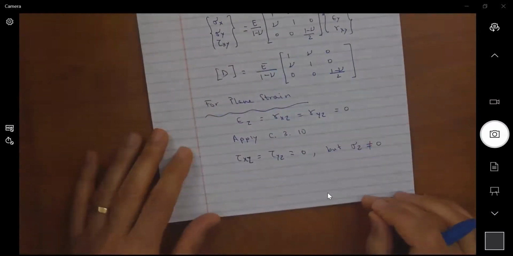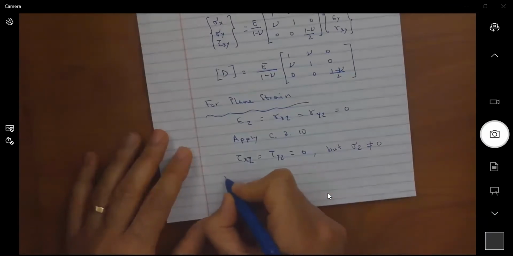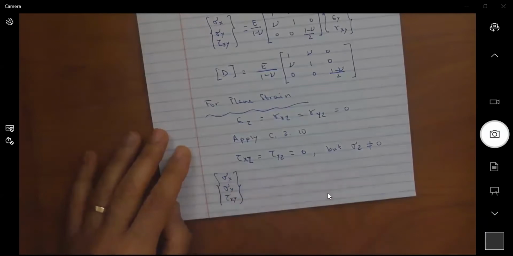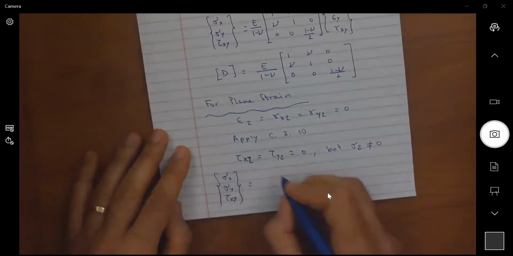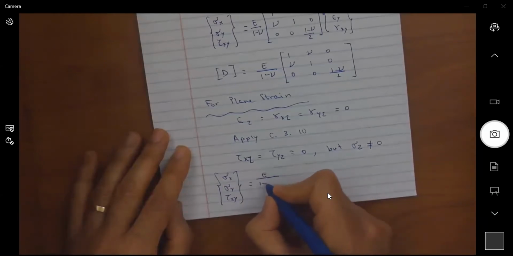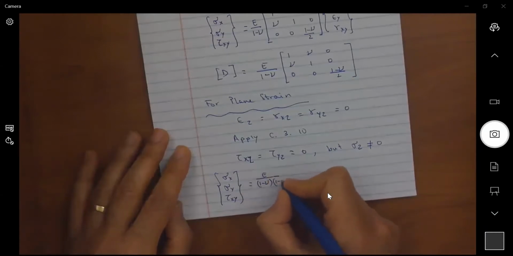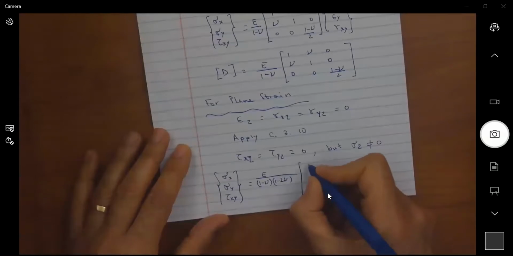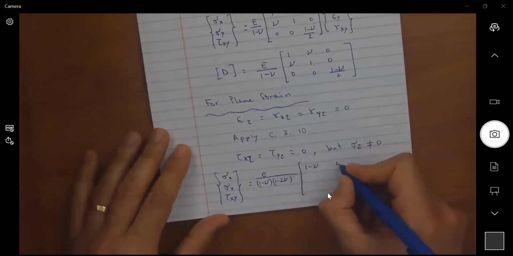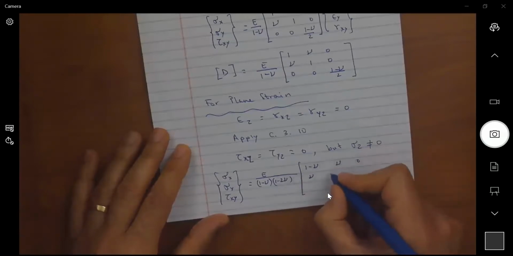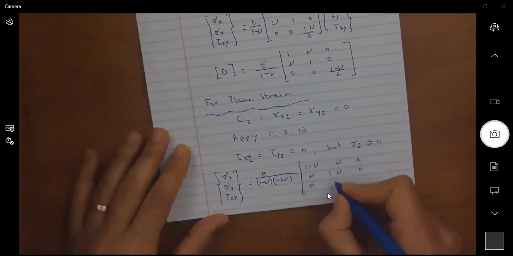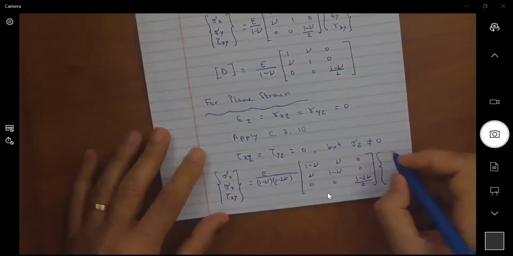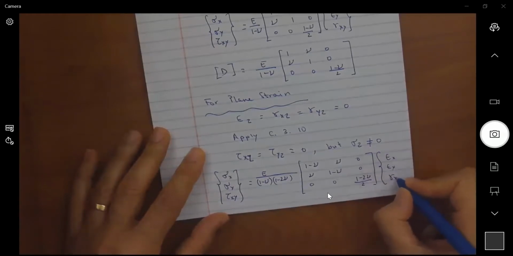Likewise, we're going to do the same for plane strain. So I'm going to get the relationship: sigma x, sigma y, tau xy is equal to E divided by 1 plus nu multiplied by 1 minus 2 nu, multiplied by the matrix 1 minus nu, nu, 0; nu, 1 minus nu, 0; 0, 0, 1 minus 2 nu over 2, multiplied by epsilon x, epsilon y, and gamma xy.